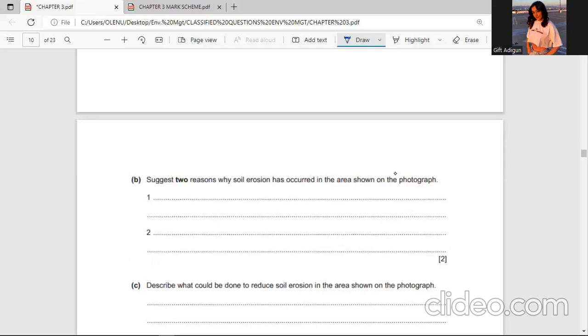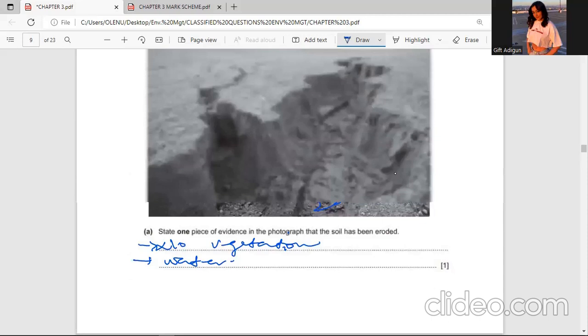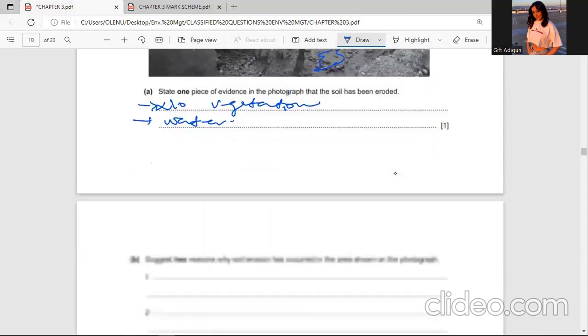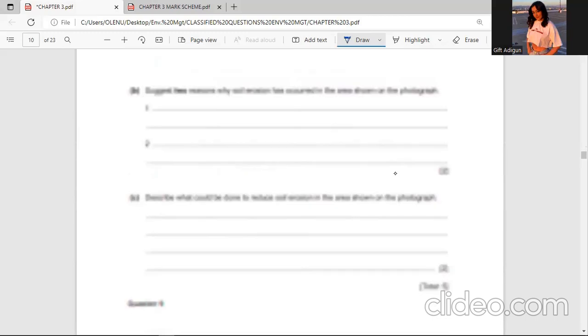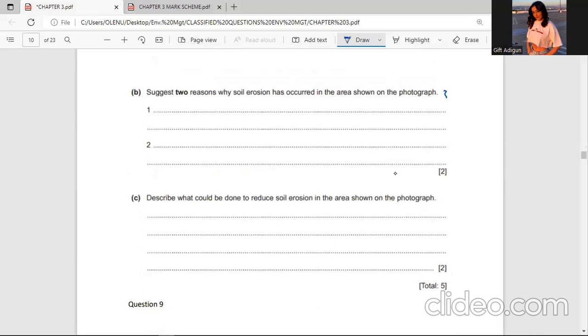Now, suggest 2 reasons why soil erosion has occurred in the area shown on the photograph. So that's the reason why soil erosion has occurred. There is absence of vegetation, so it can easily be washed away by wind and water.